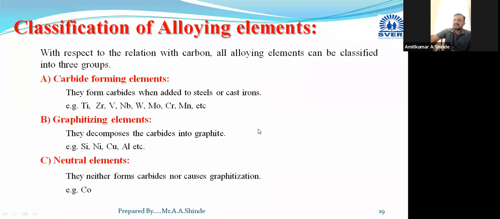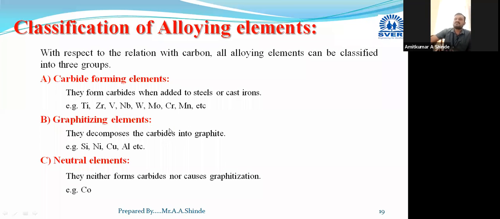If an added alloying element combines with carbon and forms the respective carbide, it is considered under the category of carbide forming elements. Examples are titanium, zirconium, vanadium, niobium, tungsten, molybdenum, chromium, and manganese.